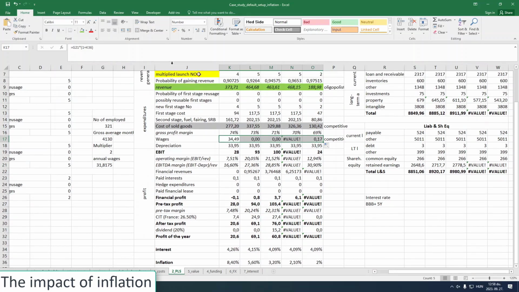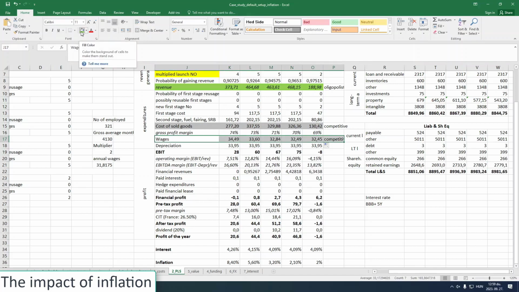Why is this? Ah, this is a fixed number. Scusi. We have to fix this. Now it's good. And let's highlight it somehow that it was affected by inflation, so let's give it a green color.